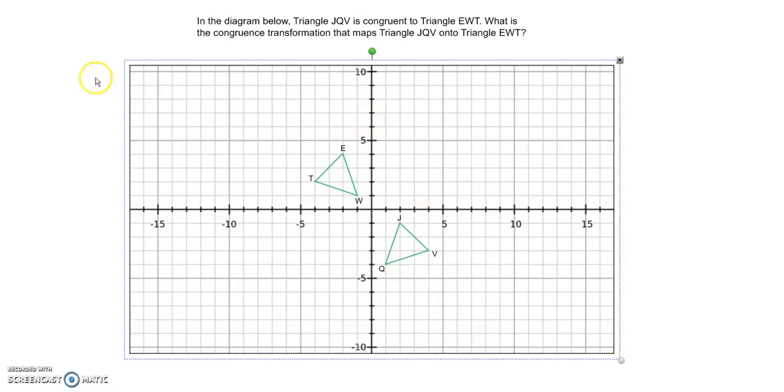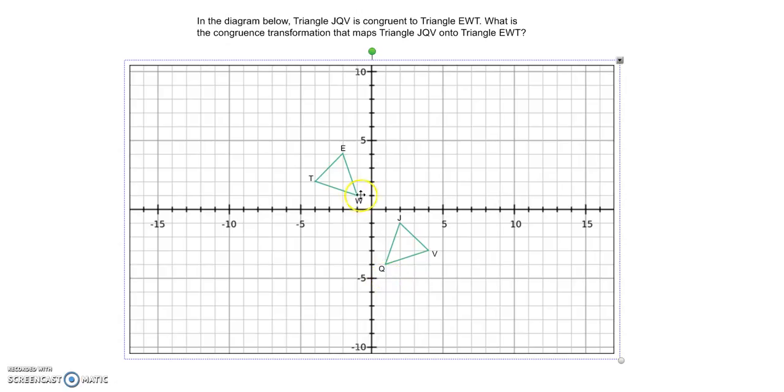So here's why I made an emphasis that we remember how to write correct congruency statements, right? We have this congruency statement here, JQV is congruent to EWT, which means that we can say something to the effect of point Q corresponds to point W, right? And it appears to be that way in the diagram.